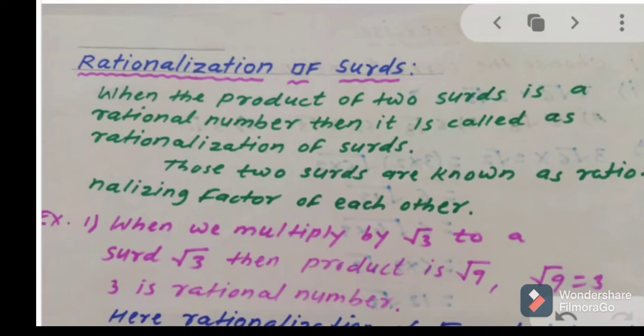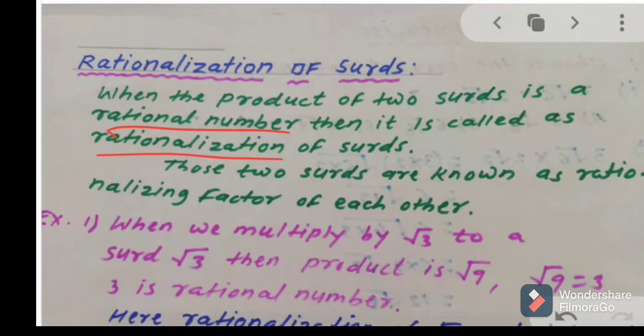Okay, and under the radicand sign we take 35 divided by 7. So what happens? 7 fives are 35. So it becomes under root 5. Our answer is 2 under root 5. Okay, this is the simplest form of the given expression.